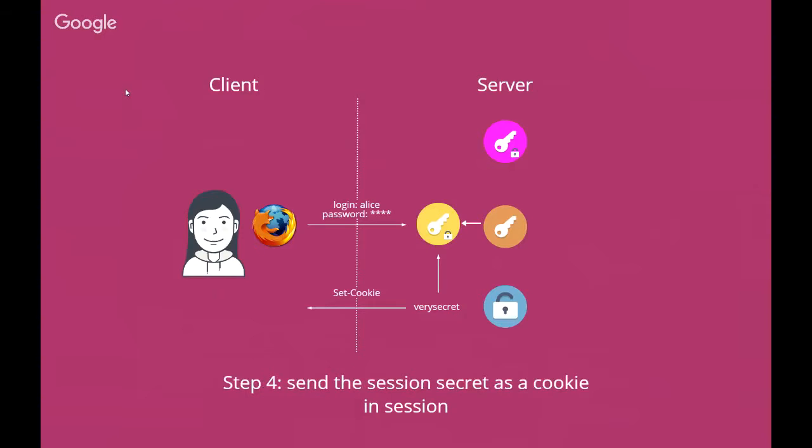And then we will send the session secret to the client as a cookie. Then it will allow us, every time a client gets a page from the website, the session secret will be sent along as a cookie, and we'll be able to use it to decrypt the re-encrypted private key, the yellow one on the slide.